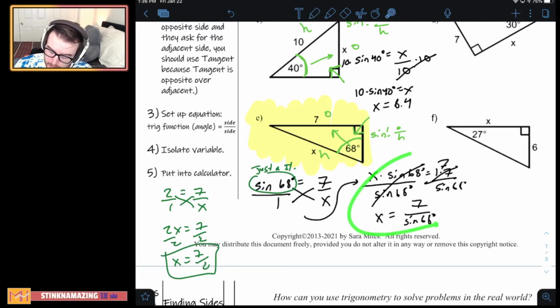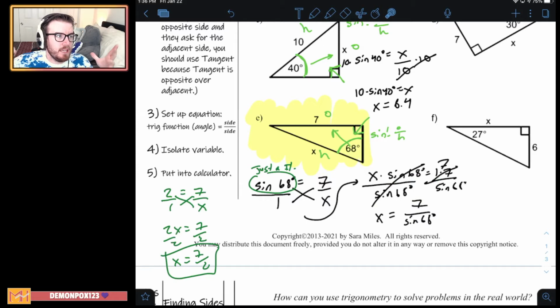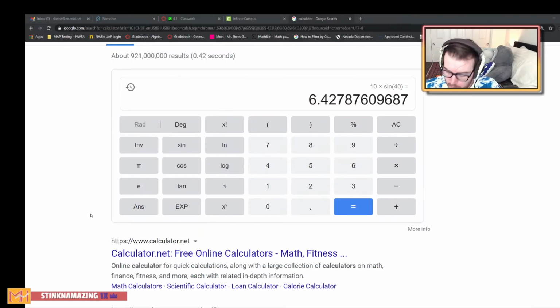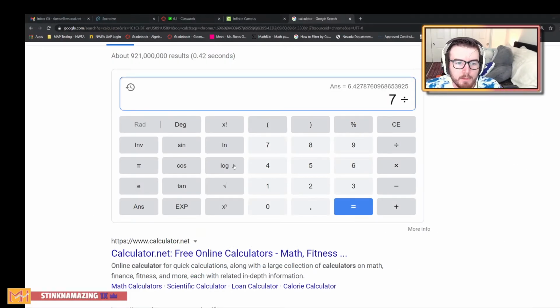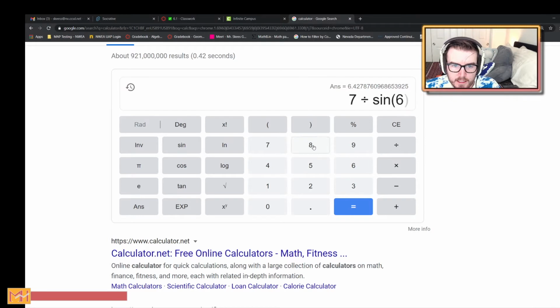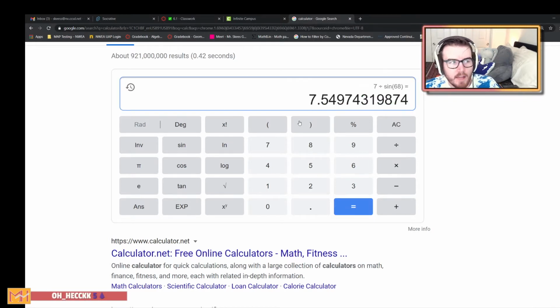That's the exact same thing that I just did over here. It's just that instead of that being a measly little 2, it was sine of 68 the entire time. Even though it's a big, messy expression, it's just a number, and we let our calculator do the work. So 7 divided by sine of 68 degrees is 7.5.